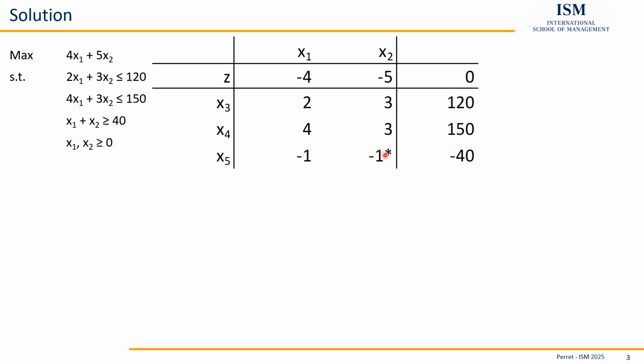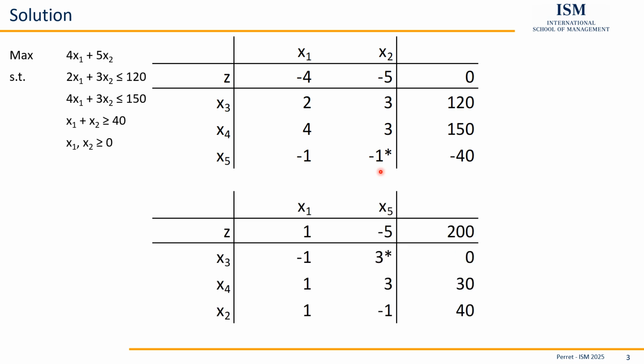Then we select as pivot column the column where this quotient is as large as possible. So here we're going to go with x2 as pivot column. So x2 pivot column, x5 pivot row gives us a pivot element of -1. With this, we're going to do our simplex retransformation, which leads to this table.